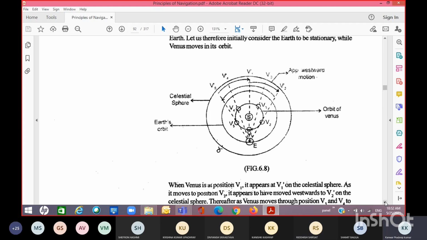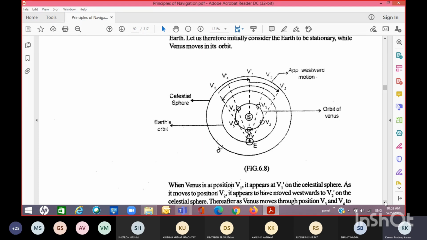So when Venus is at V5, you can see it projected on the celestial sphere at V5, far away. After V5, she is coming to V1 in the center, in conjunction with the Sun, and her position on the top is at V1 in the center.